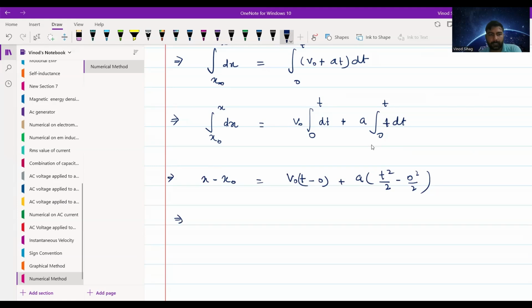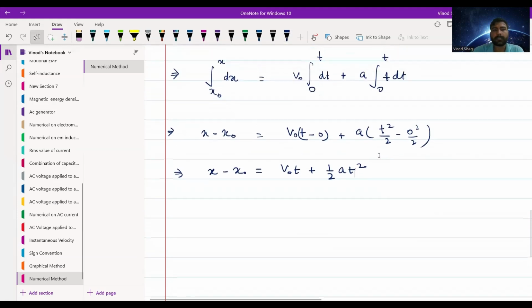So finally we will get x minus x naught equals v naught into t plus half a t square. And this is nothing but the second equation of motion.